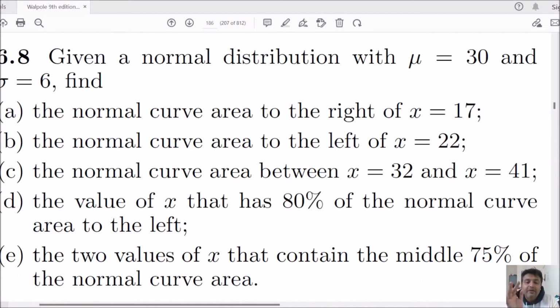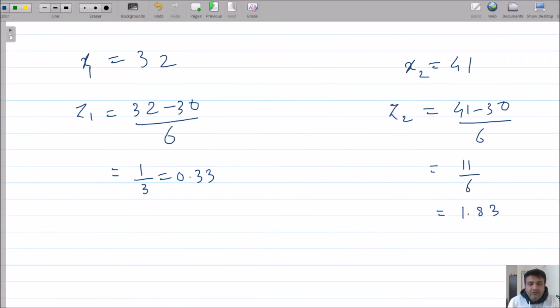Okay, what about the C part? You want to find the normal curve area between x equal to 32 and x equal to 41. So you find the z1 score and the z2 score for x equal to 32 and 41. Your x1 is 32 and x2 is 41, so z1 will be x1 minus mu upon sigma, and z2 will be x2 minus mu upon sigma.